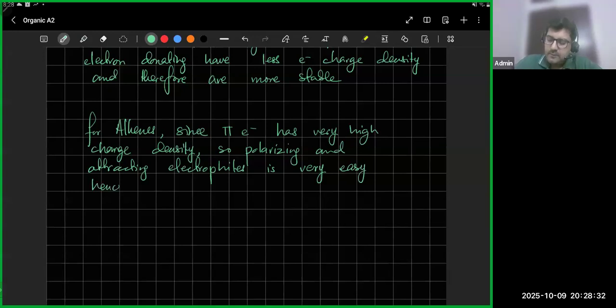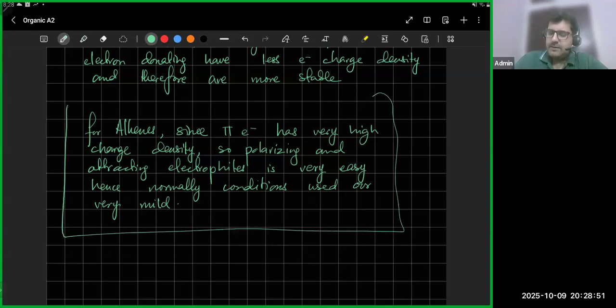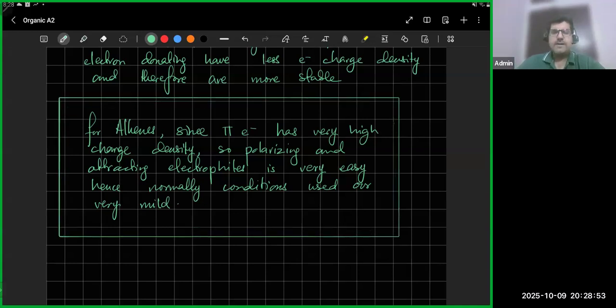Hence, normally the conditions that are used are very mild. So alkenes undergo electrophilic addition, and they very readily undergo electrophilic addition.